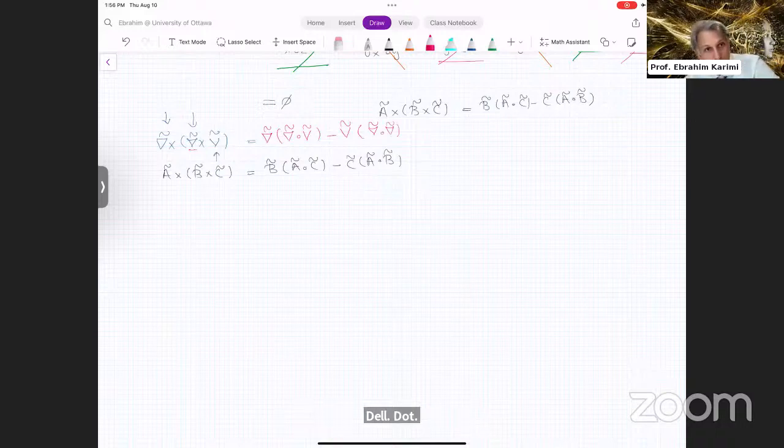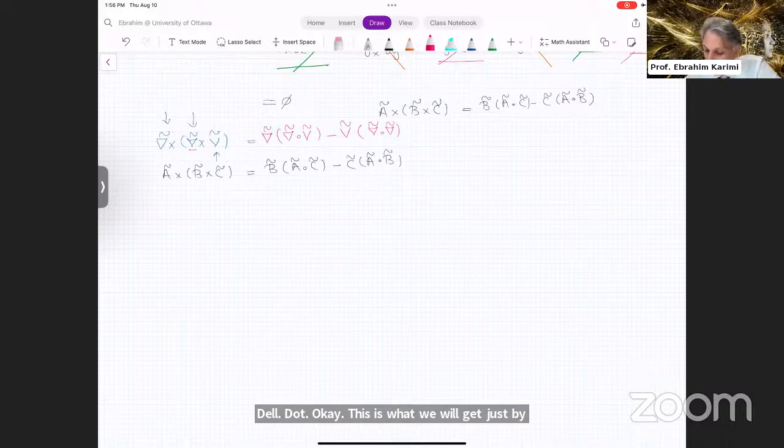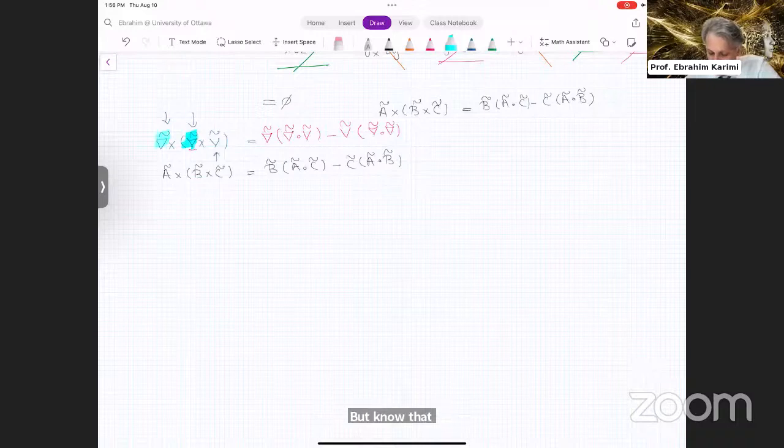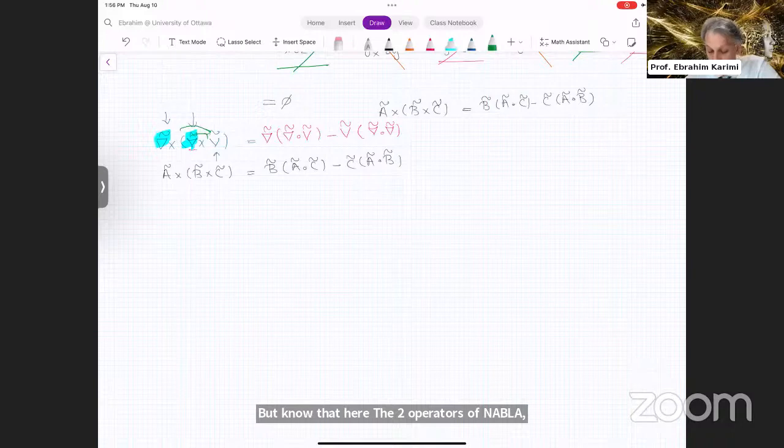Okay, this is what we will get just by following the backup rule. But know that here, the two operators of nabla are acting on vector V. Here, the vector V is on the back of the Laplacian, because if you recall, this was a Laplacian.